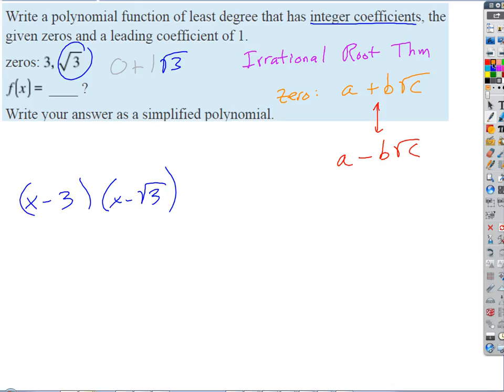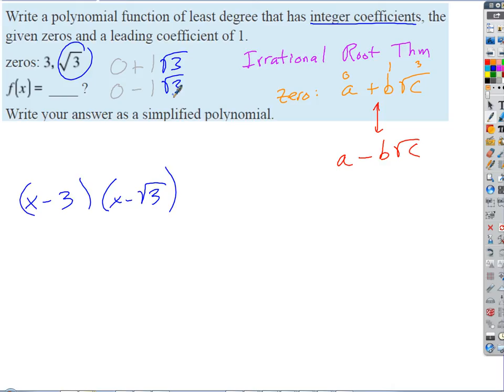Well, we already said that a is 0, b is 1, and c is 3. So what's the conjugate going to look like? It's going to look like 0 minus 1 times the square root of 3. How would I write that more simply? Just negative square root of 3, isn't it?